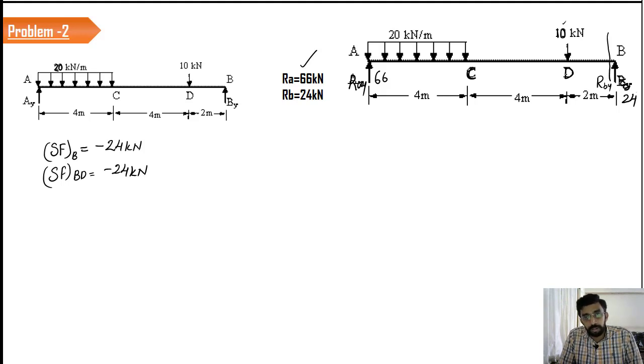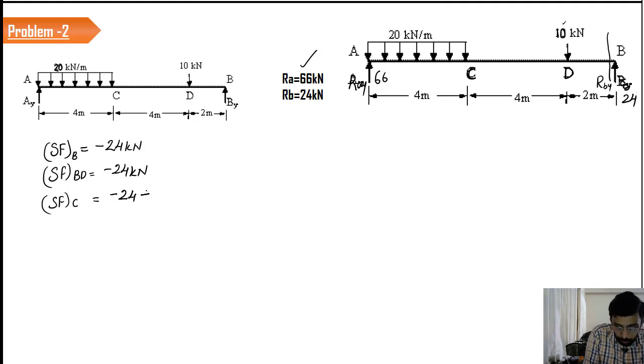And the shear force at D is again minus 24 plus 10. Minus 24 is because it's acting in the upward direction when you consider the section here, and 10 is acting in a downward direction, which takes the positive side. So the value is minus 14 kilonewton.